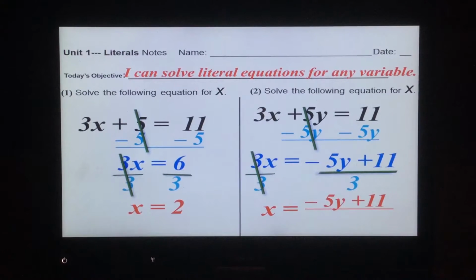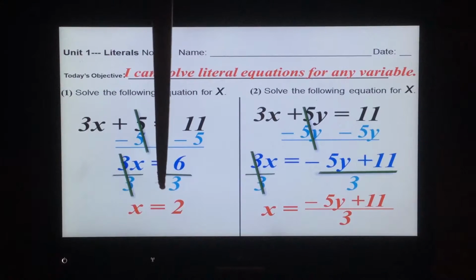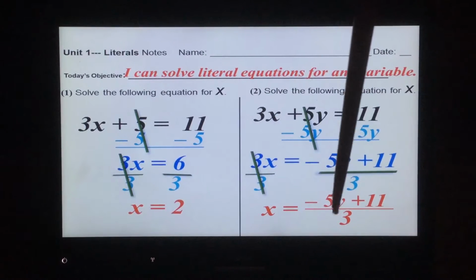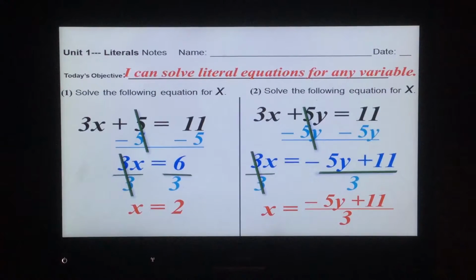I'm just going to go ahead and rewrite this at the bottom: negative 5y plus 11 over 3 is equal to x. Now when you are solving a literal equation, it's not going to be just a number, like over here where we have x equals 2. When you're solving a literal equation, it's going to be x equals a whole bunch of stuff put together. And you can't simplify it any further, so you're done.